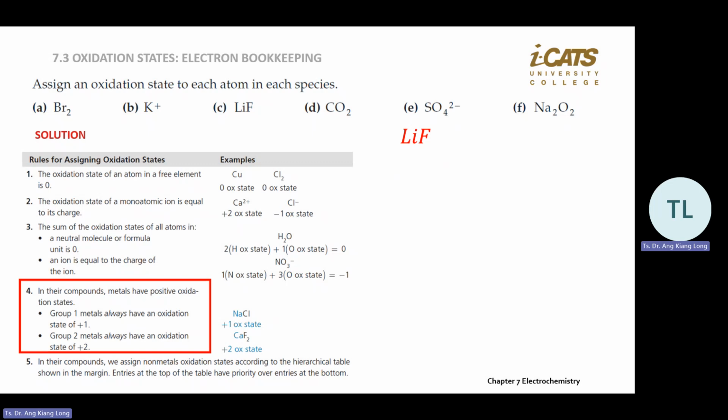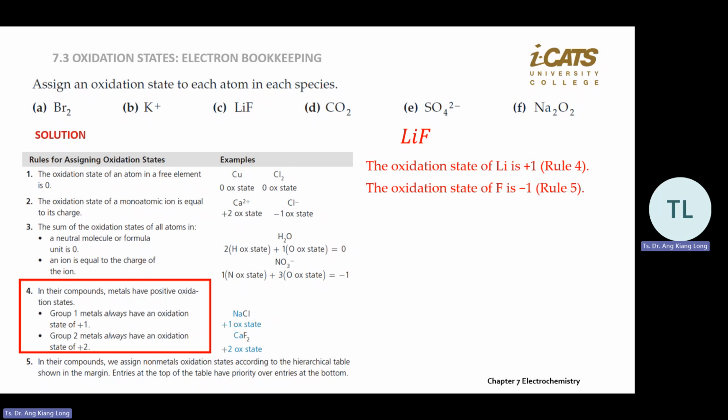Okay? So for the oxidation state of Li, you break it into elements and then you flip to your periodic table, like the one I gave you in your chapter 1. You refer to the periodic table. It falls under group 1. So you give it +1, okay? And you refer to F in the periodic table.